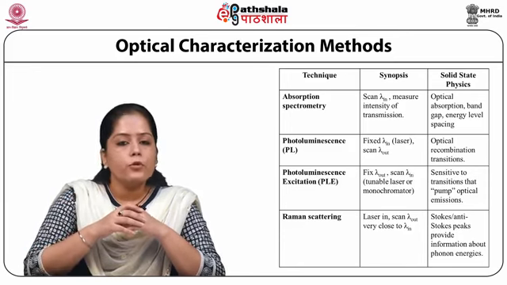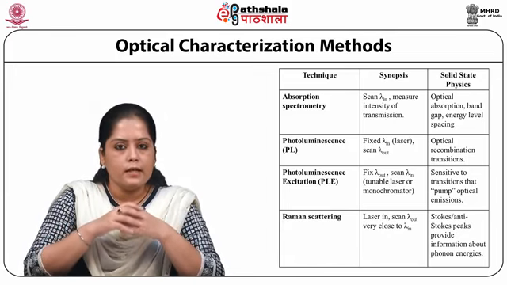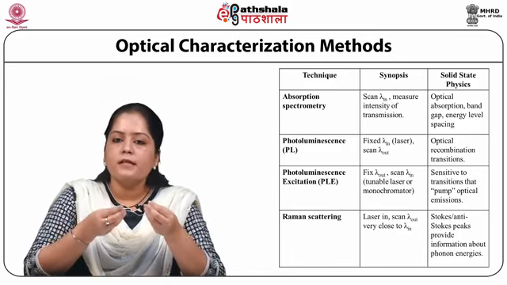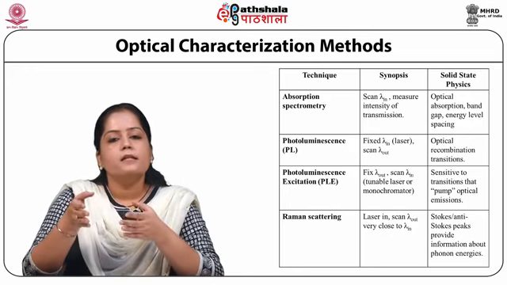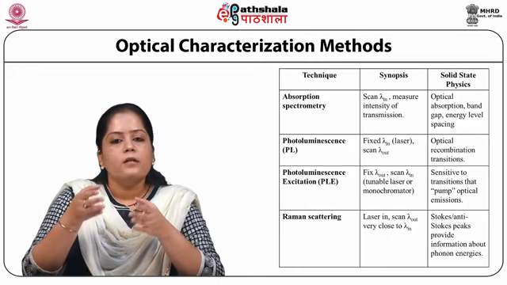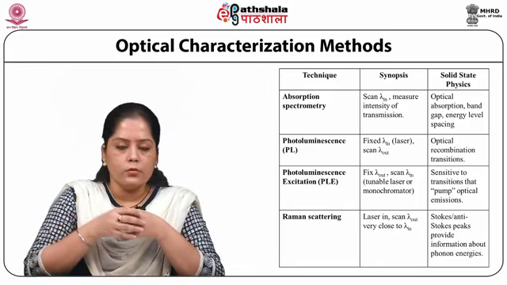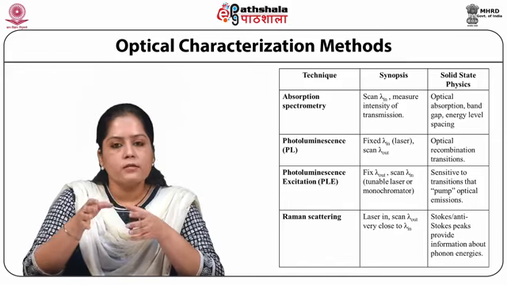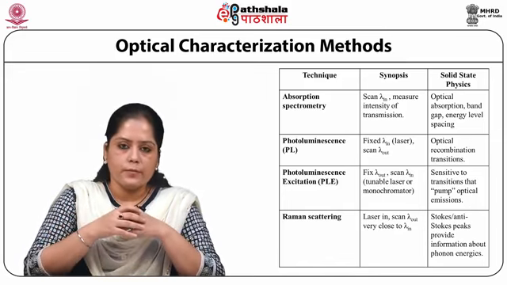Next is photoluminescence excitation, PLE. Here we are fixing the detection wavelength and we scan the excitation wavelength, lambda. So a tunable laser or monochromator is used. It is sensitive to transitions that pump the optical emission.